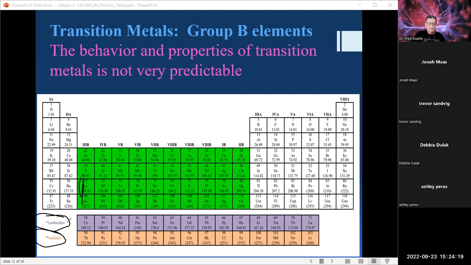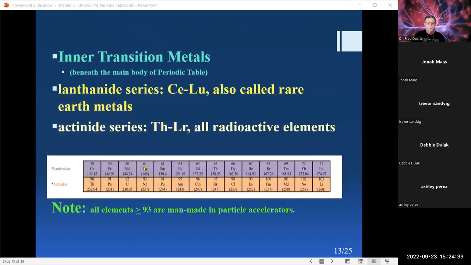So period 6 is called the lanthanides, and the last period, starting here with 90, is called the actinides. Okay, so here are the inner transition metals.